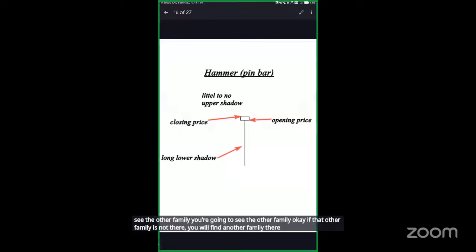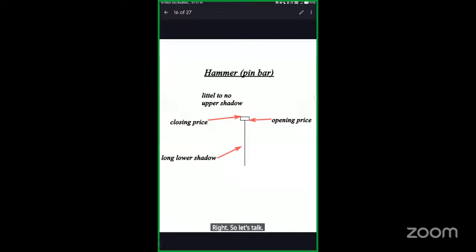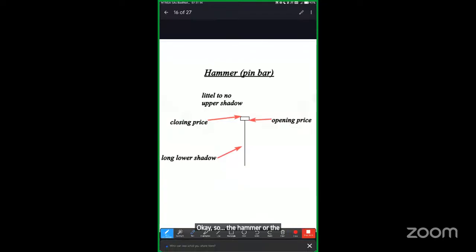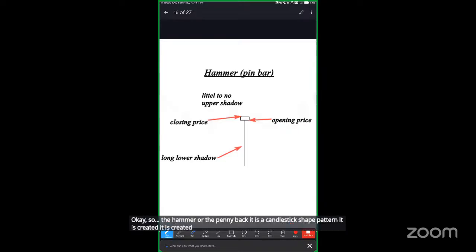Right. So let's talk about these hammers that are also referred to as pin bars. The hammer or the pin bar is a candlestick chart pattern. It is created when they open. Do you remember about the opening of a price and the closing of the price?